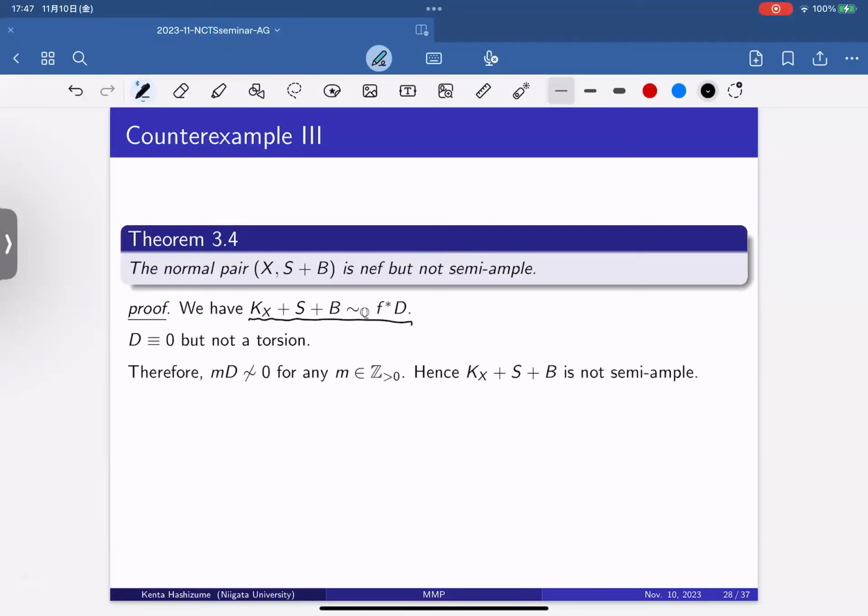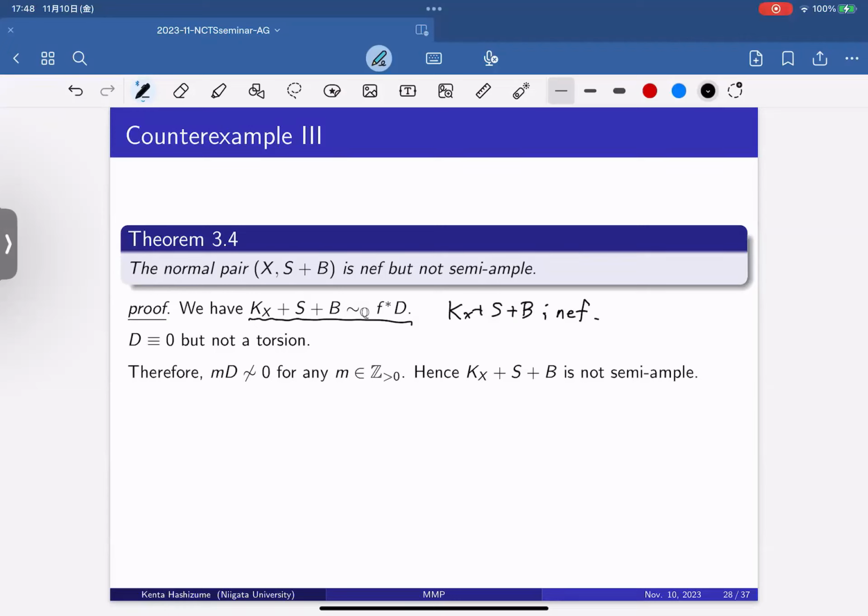And since D is numerically trivial, K_X plus S plus B is nef. But by construction, D is not torsion.